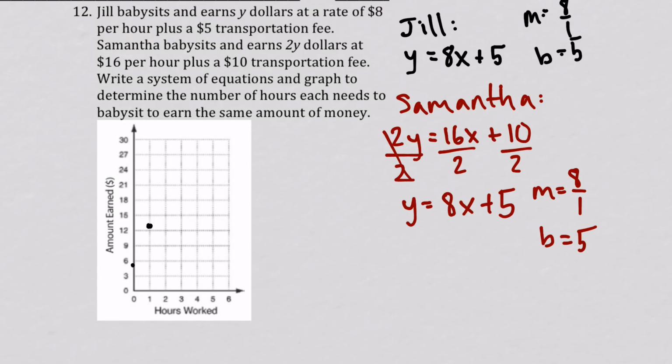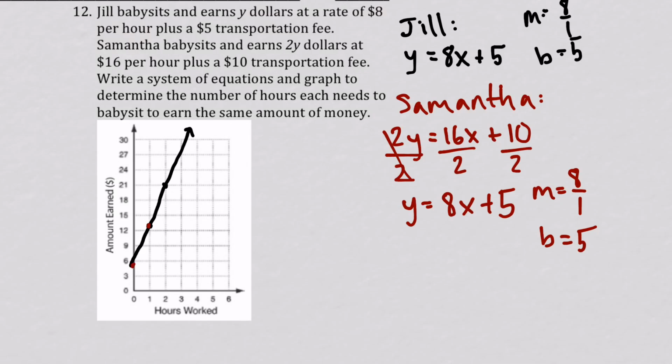And I could keep going by 8. From 13 plus 8, I go to 21 and over 1, and so on. I could keep making points like that. So my line will go something like that.